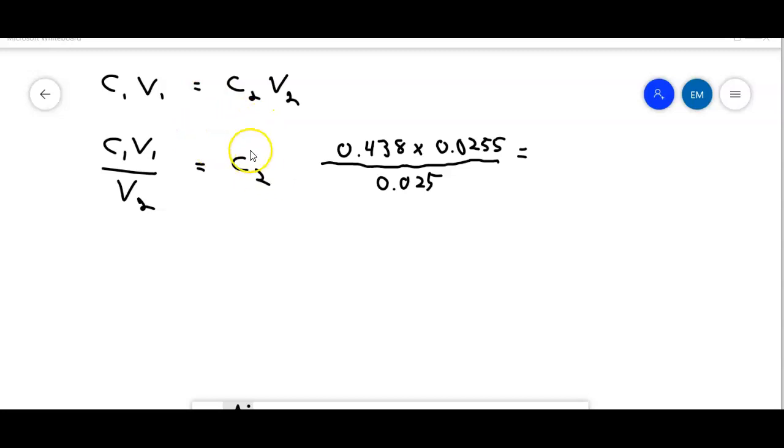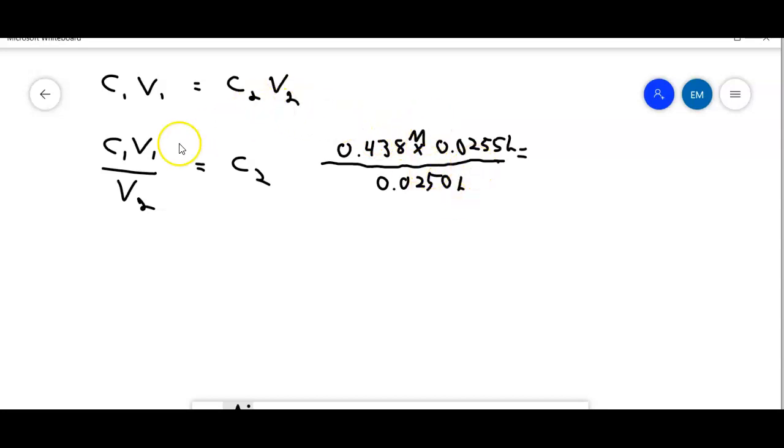you're going to need to do the following. You're given 0.0250 liters here, and you have 25.5 milliliters, so you have to turn that into liters, which you divide by 1,000, so it's going to be 0.0255 liters, and this is molar.